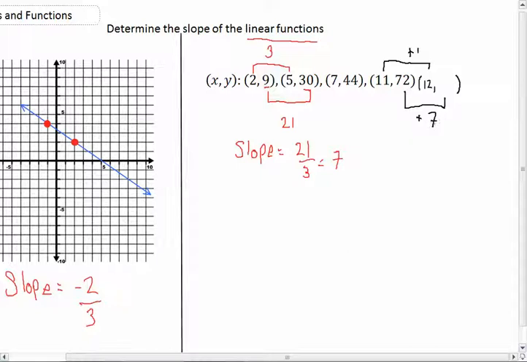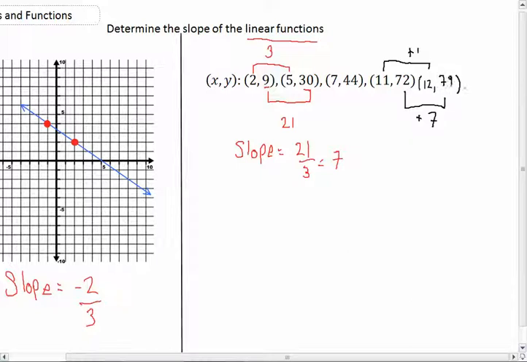It'll be 7. Okay? So the idea is for slope, if your x input changes by positive 1, then your y value changes by the value of the slope. And that's the idea between common difference and slope. So what would be my dependent value here? 79.